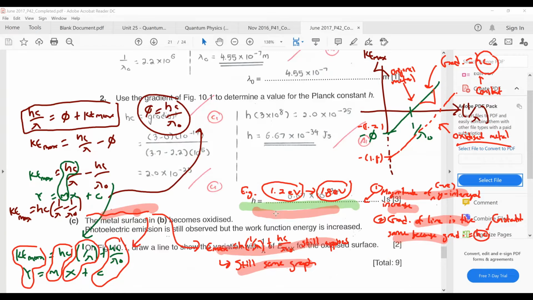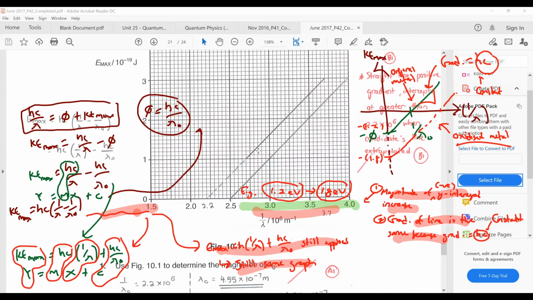On your graph here, you just draw another line parallel to your existing one, but shifted towards the left, sorry, shifted towards the right. Because when this line is shifted downwards, it also has the effect of being shifted towards the right. So you just draw a line to the right, like this.